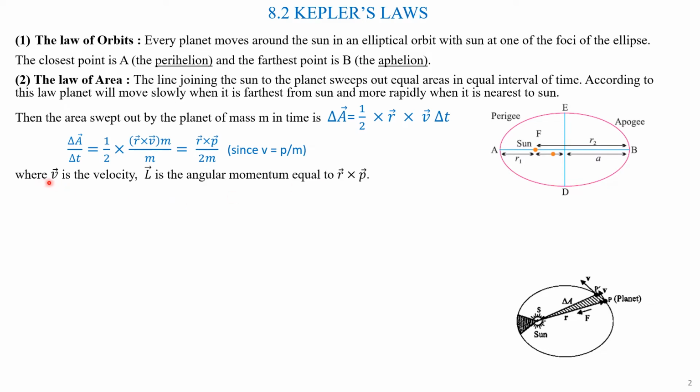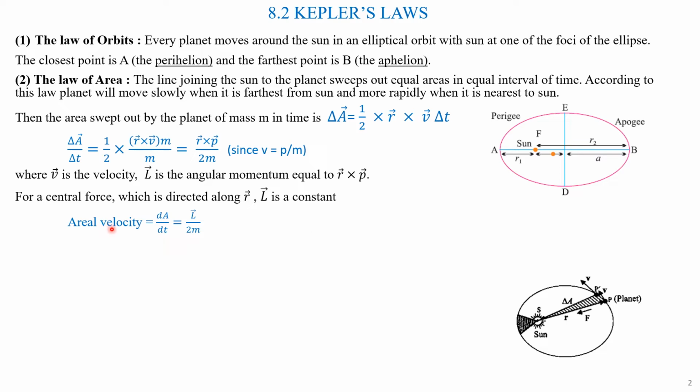So here v is the velocity, and if L is the angular momentum, r cross p can be written as angular momentum, which we have studied in our earlier chapter. Therefore, for a central force which is directed along r, L is constant.